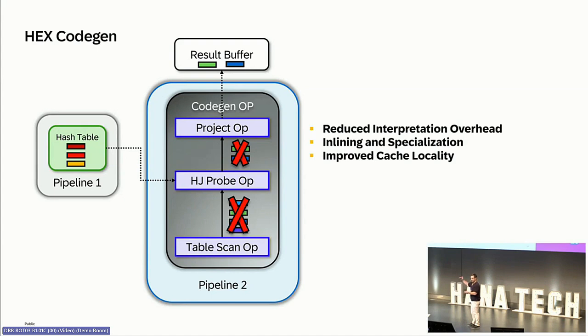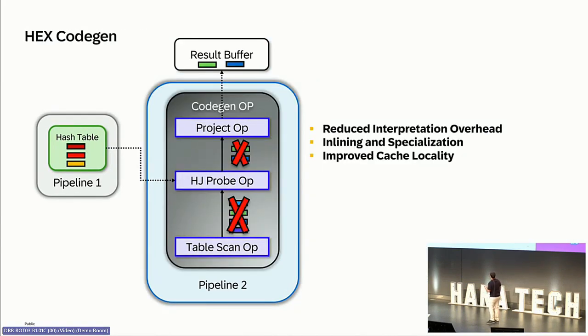So the resulting codegen operator contains the runtime semantics of all fused operators at once. But this is not the only thing that code generation gives us. I mentioned it already. It gives us also reduced interpretation overhead, because otherwise, say, for example, you want to evaluate an expression, either you need an interpreter, which is quite costly and has a lot of overhead, or you directly generate machine code, which we do in this case.